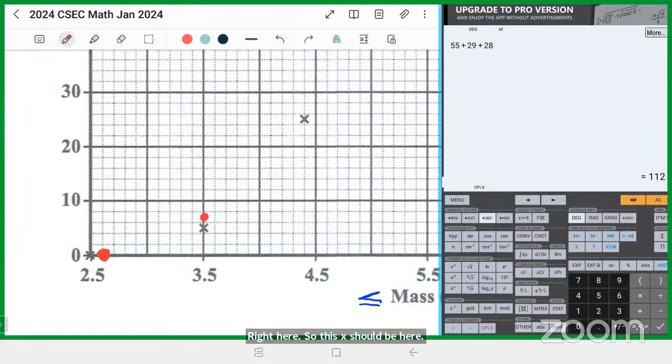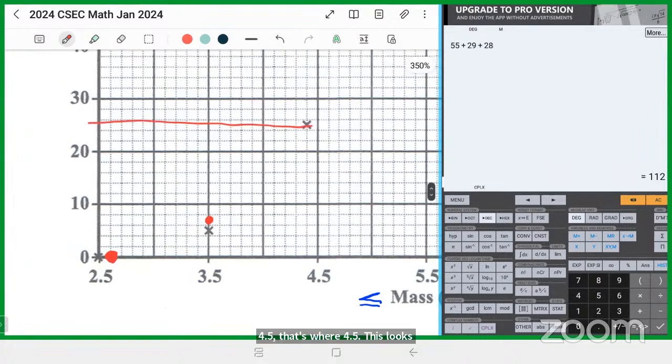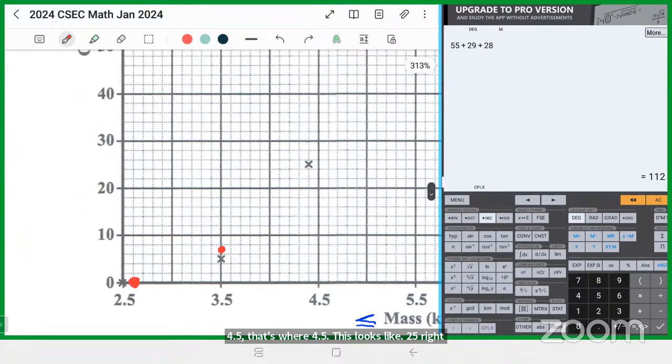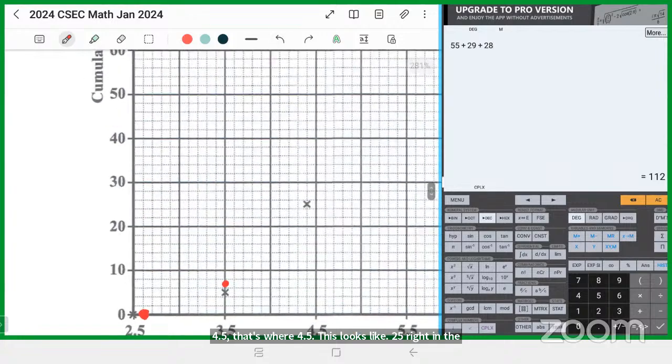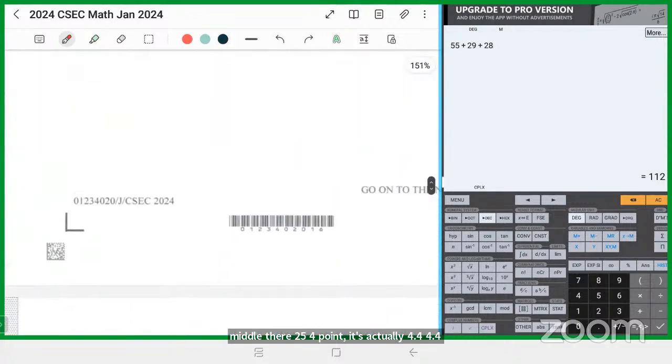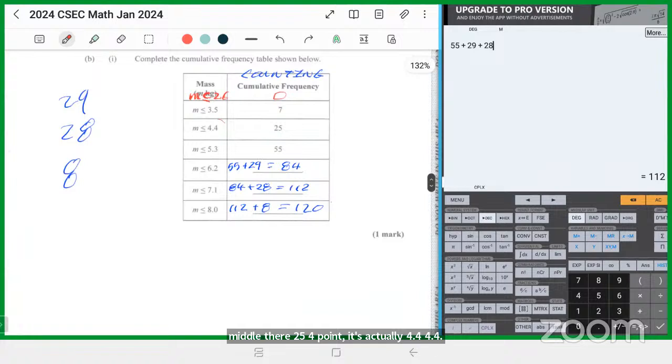Let's check if this one is correct. 4.5, let's go 4.5. This looks like 25, right in the middle there, 25. It's actually 4.4, 25. Yes, 4.4, 25. Then 5.3, 55.